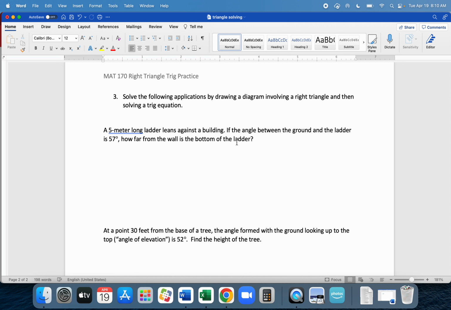And this is the easier sort of one to solve because the radius or the hypotenuse goes on the bottom. Cosine of 57 is just our unknown side over 5. So we just need to find 5 times cosine of 57 degrees, and we'd have our answer on this one.